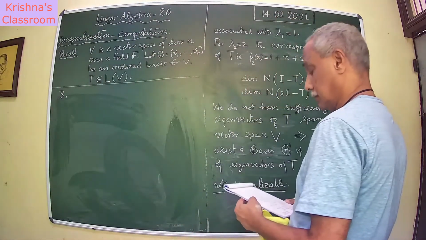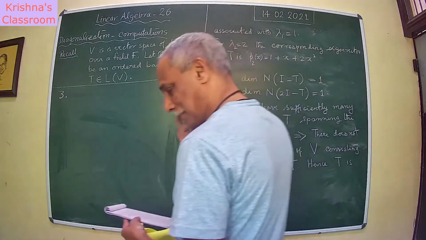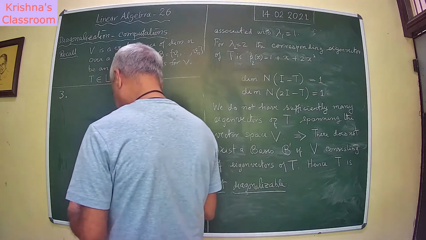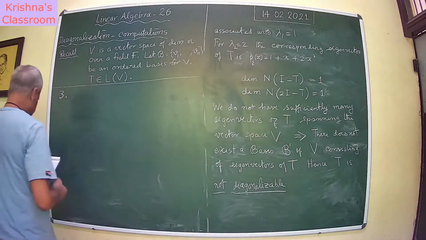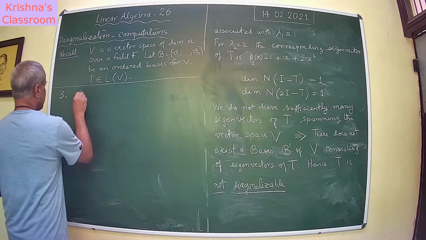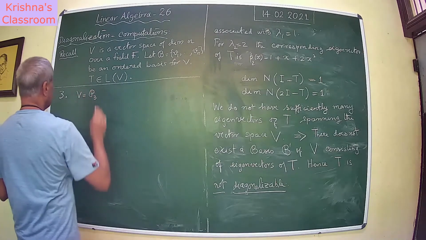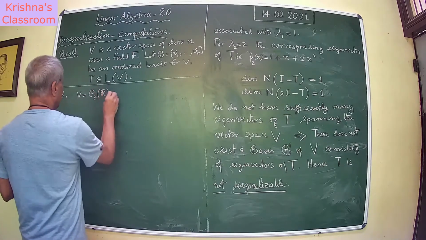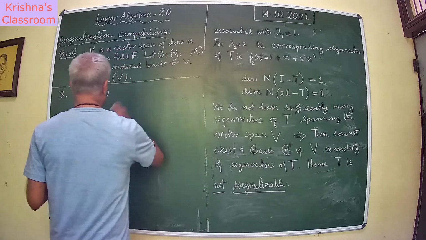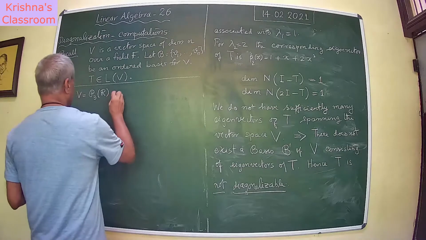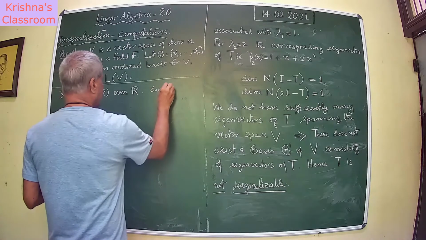Now I think my computations are right. The third example is this. Again I take V to be equal to the polynomial space, with dimension of V equal to 3.